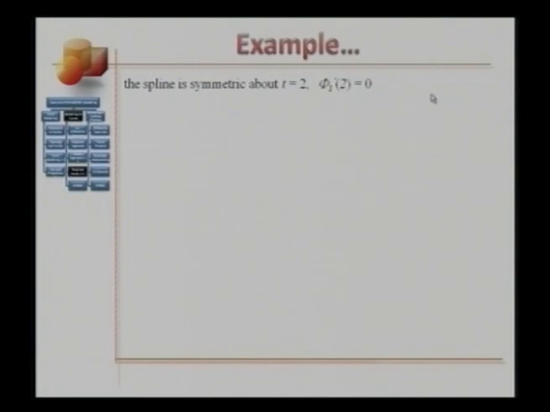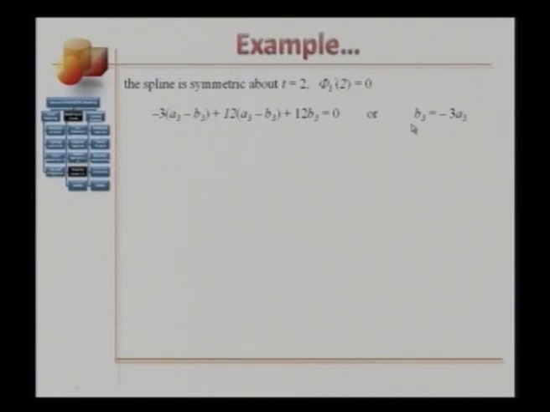In other words, the first derivative of phi 1 at 2 will be 0. This would generate the condition minus 3 times (a3 minus b3) plus 12 times (a3 minus b3) plus 12 times b3 equals 0. And this would help us get a relation between a3 and b3.